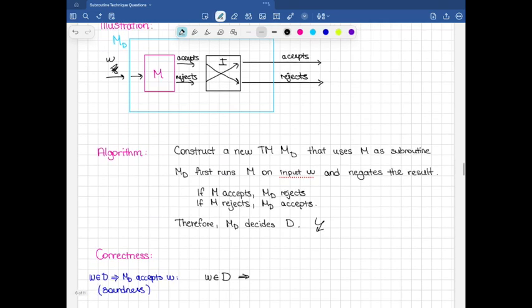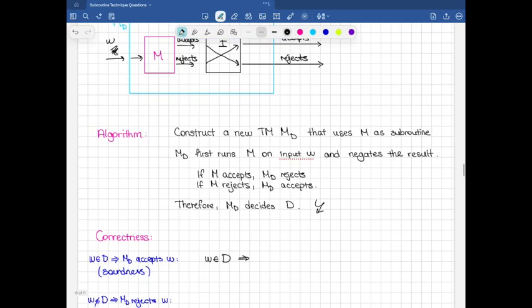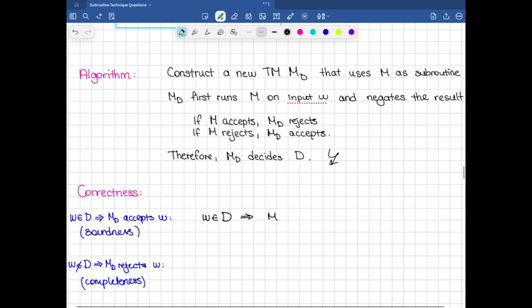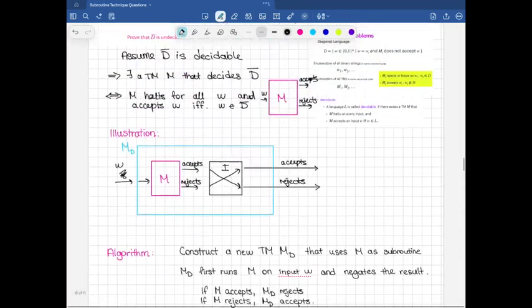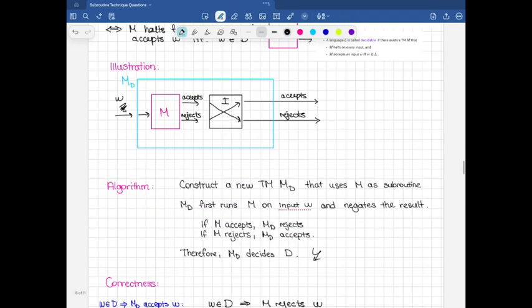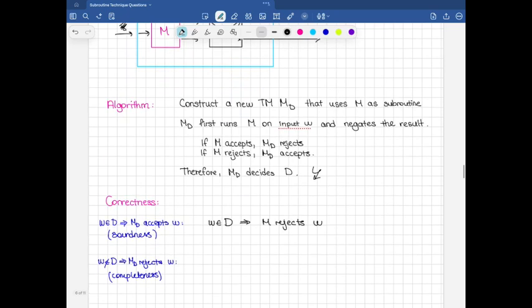Remember, M was the Turing machine for the complement. So M rejects W by the definition of the complement. So what was the complement? The complement is basically the exact opposite of the diagonal language. So if there's an input in the diagonal language, then it's not in the D complement.